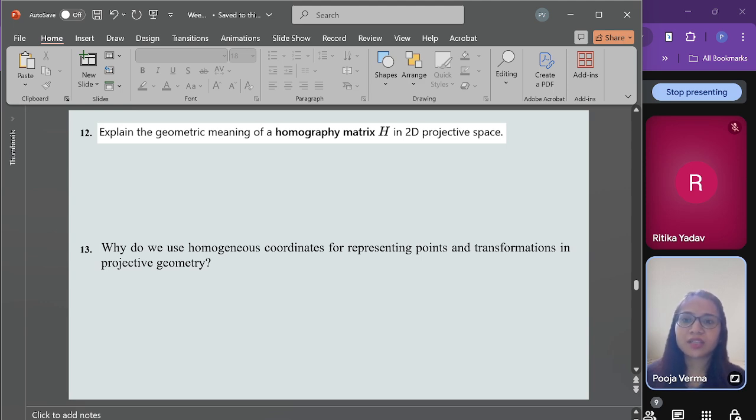Okay. So the next question is: explain the geometric meaning of the homography matrix H in 2D projective space. So what is the geometric meaning of a homography matrix H in 2D projective space? Any one of you want to explain this one?